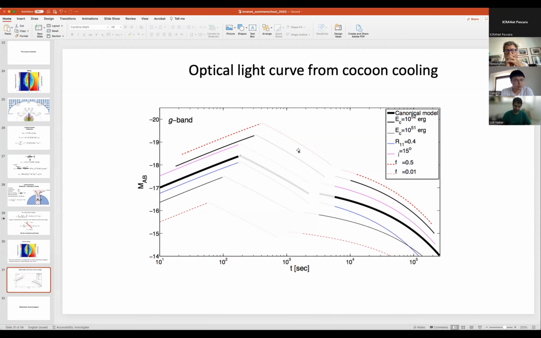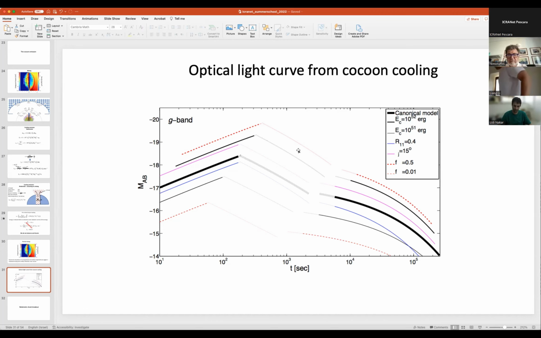The difference is that the cocoon emission in short GRBs will be shorter in time because there is less mass, so the radiation escapes more quickly. We are talking about roughly an hour time scale after the merger.